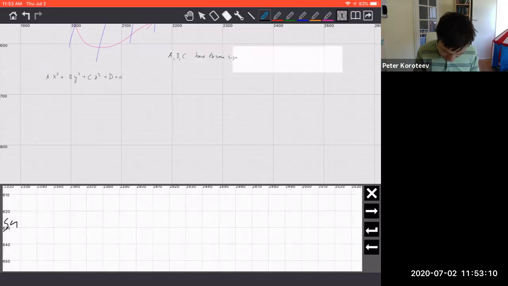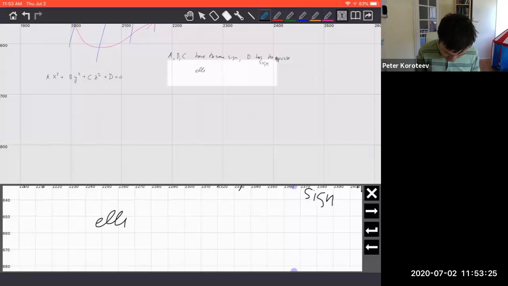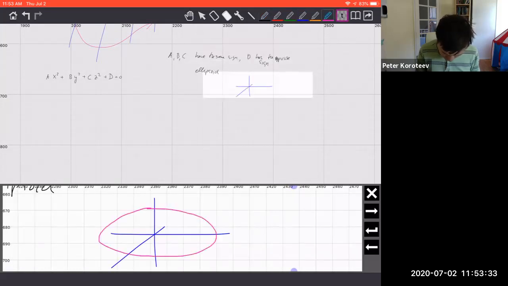Have the same sign, and d has the opposite sign. That gives us the ellipsoid. It's this kind of melon shape over here.